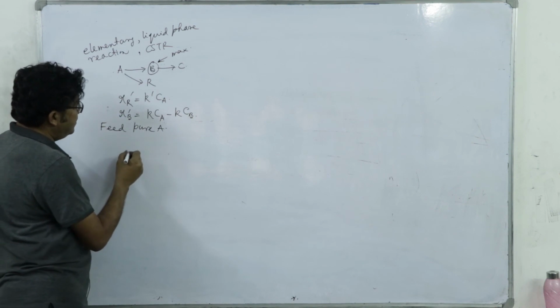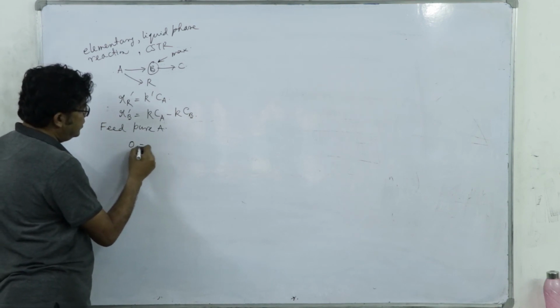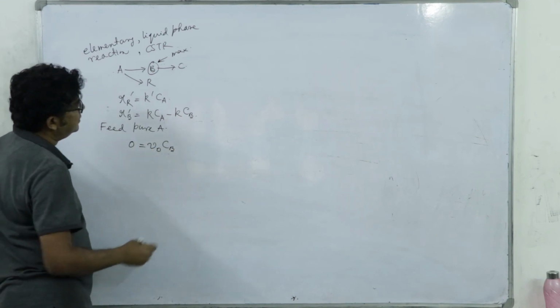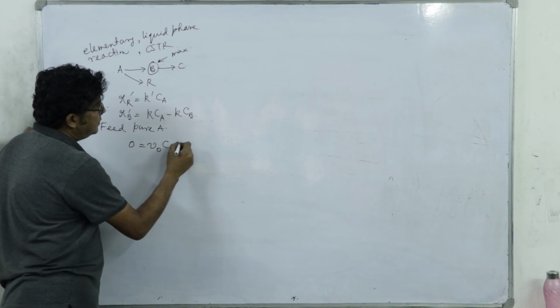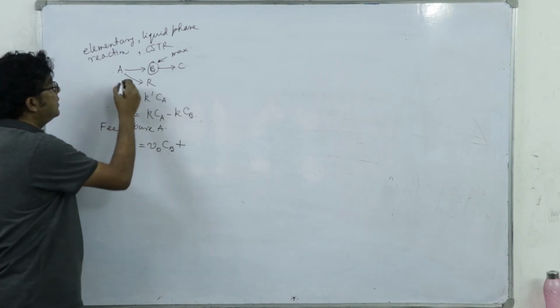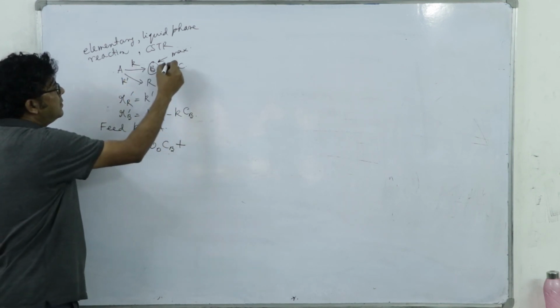So for B, you see the inflow is 0, outflow V0 into Cb.